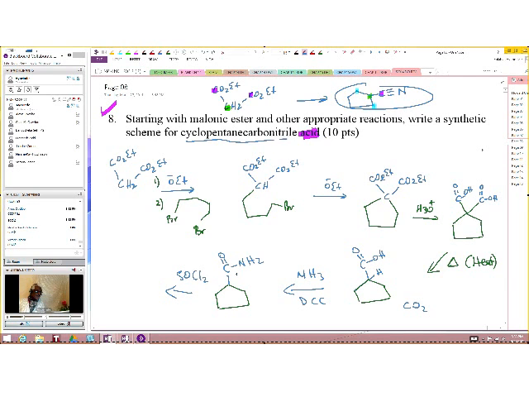Thionyl chloride will take a primary amide and form a nitrile. So this is another method for the synthesis of nitrile. Okay, so now we are finally at this product here, and that is the product they want us to make. Now, if you follow that, give me a happy face.